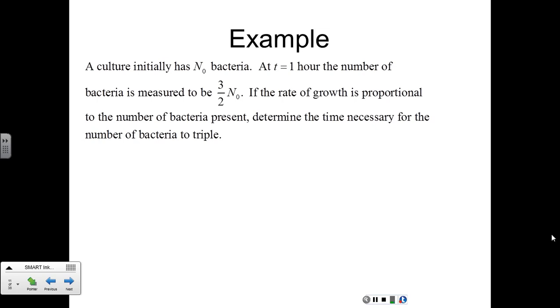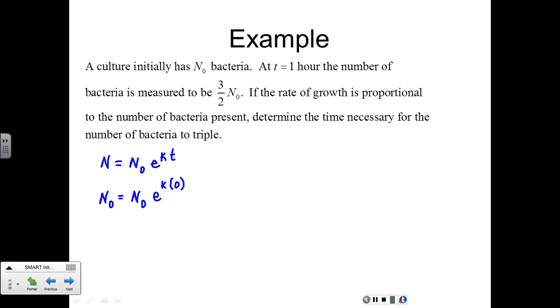So let's see what we got here. At t equals 0, the initial amount we had was n sub 0. No time. Okay?